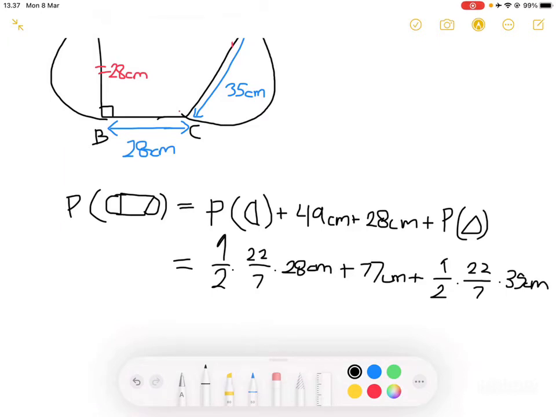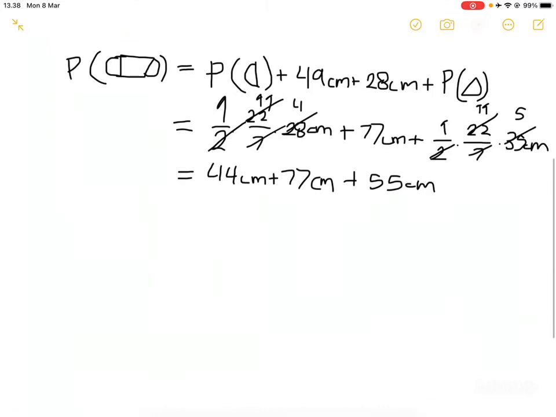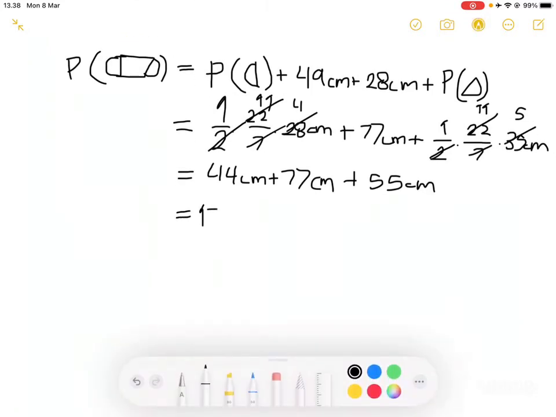So notice this and this will cancel, and this will be 4. This and this will cancel, and this will be 5, leaving us with 44 centimeters plus 77 centimeters plus 55 centimeters, which overall will be 176 centimeters.